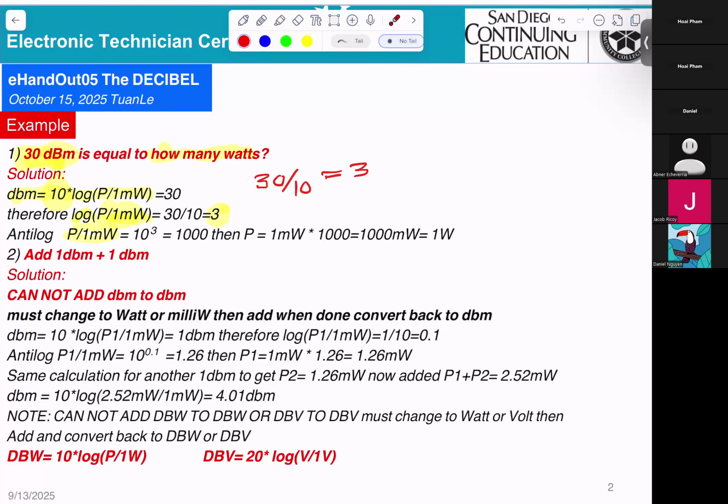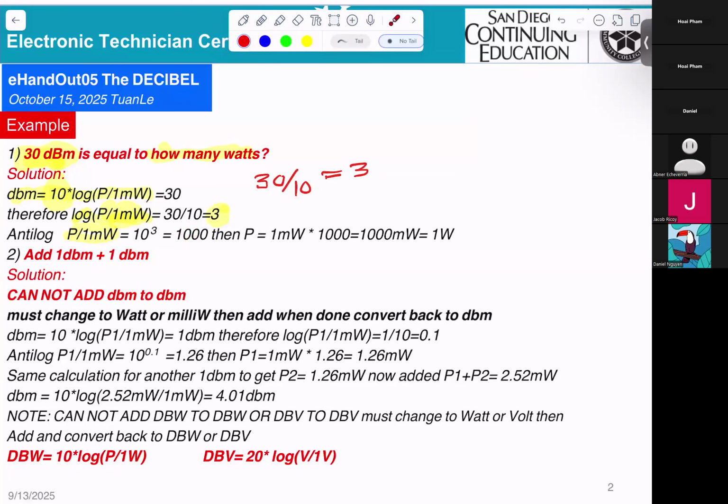Right here, 30 divided by 10 equals 3. And you want no log anymore, so it equals 10 to the power of 3. You get 1,000.